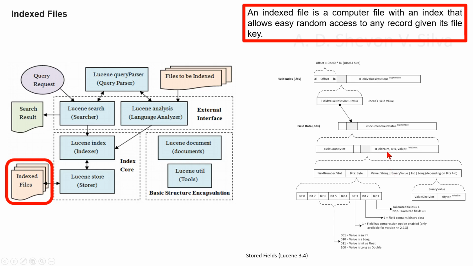Here the field name, bits and value, with the field count here, and then this section represents this area, and then the document field data segment size here.